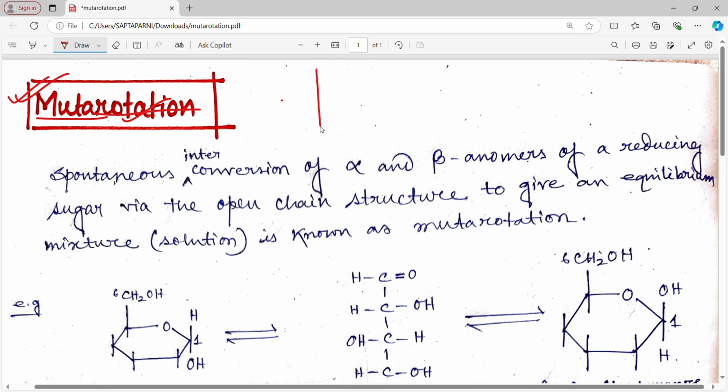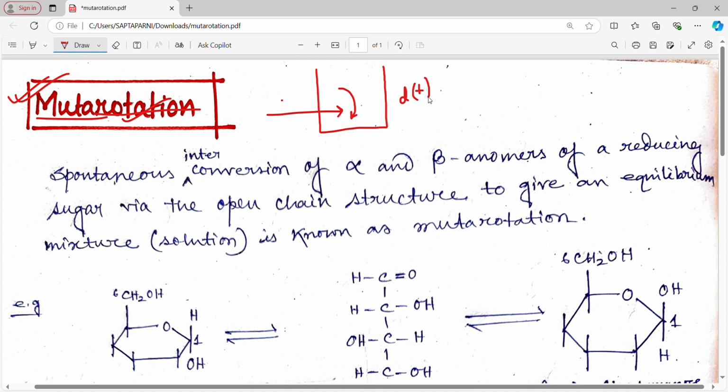Optical rotation means that when plane polarized light is passed through a solution of carbohydrates containing anomeric carbons, the direction of the plane polarized light gets changed. If it rotates towards the clockwise direction, we call it dextrorotation, and it is designated as small d and with a positive sign.